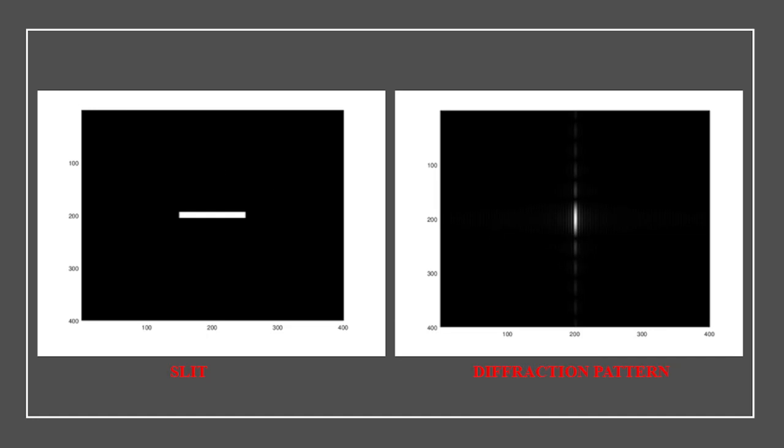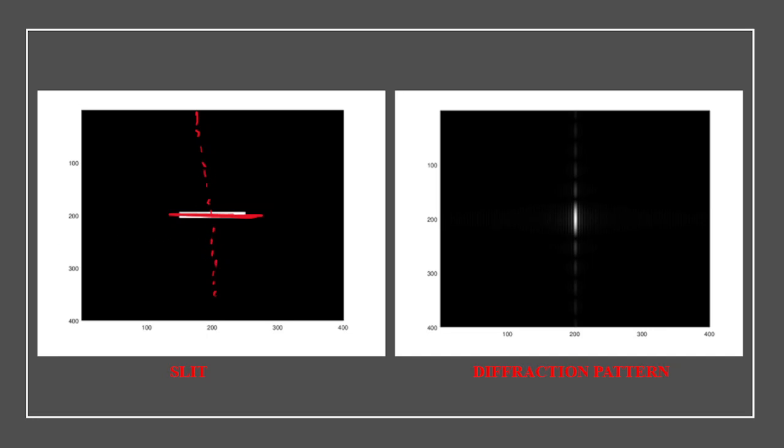What you have to observe here is that with a rectangular slit, light will always spread perpendicular to the length of the slit. So you draw a line perpendicular to the length of the slit, and in the diffraction pattern light will spread in this direction.